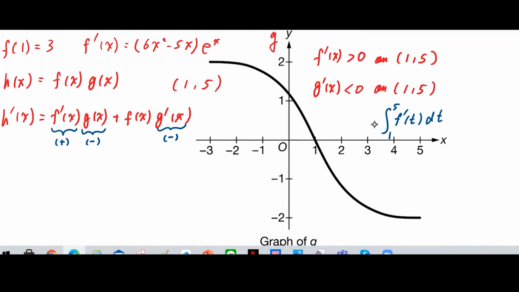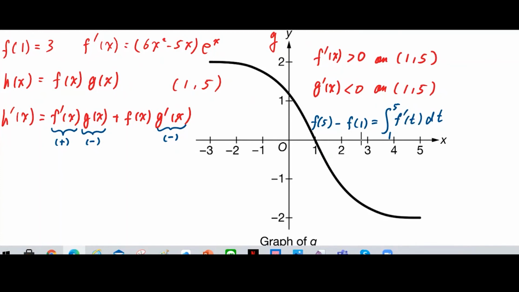Well, according to the fundamental theorem of calculus, that gives you f of 5 minus f of 1. So far, so good? Right, you kind of see where this is going because f of 1 is already 3, right? And this is increasing everywhere. So this is positive everywhere. So we are adding positive area.